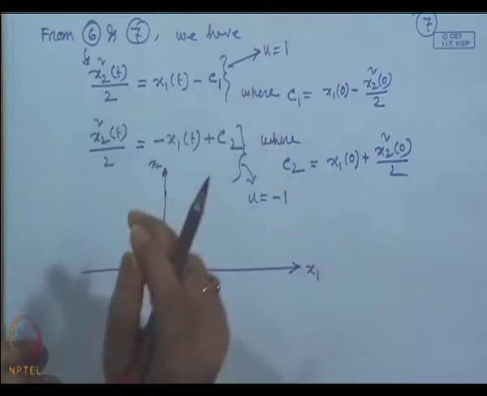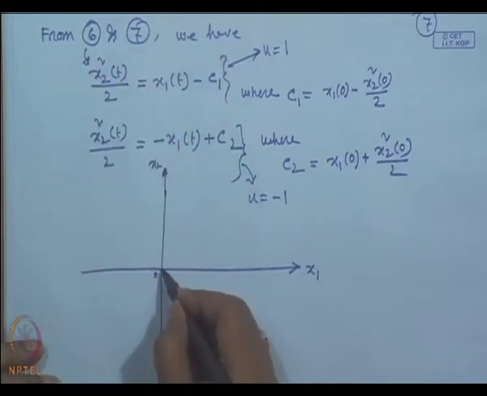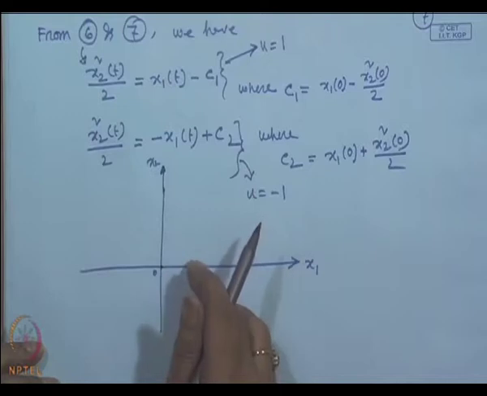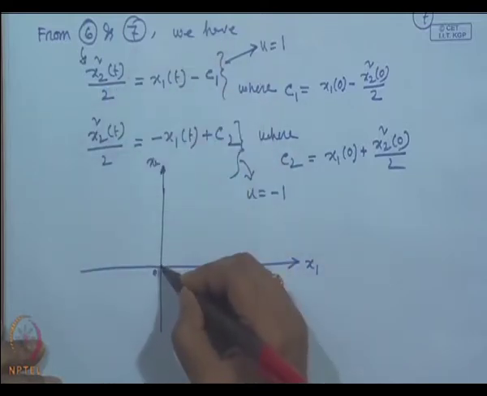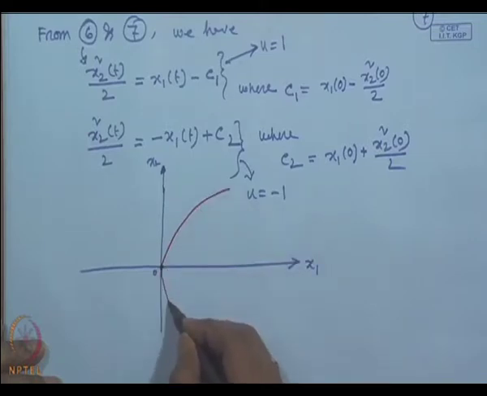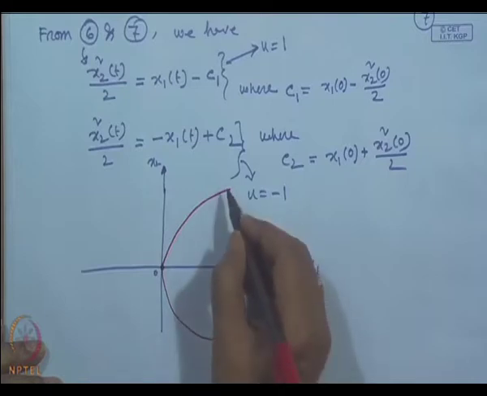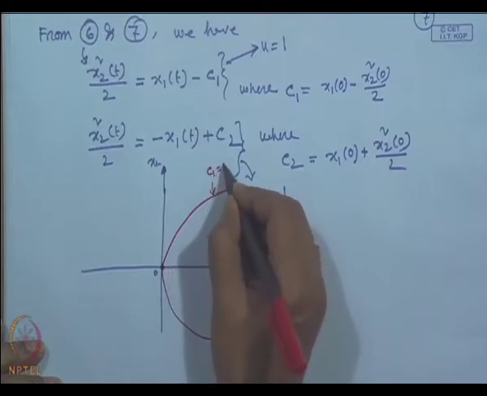This is the equation of a parabola. When x1 is 0, x2 is also 0. When x1 is some positive quantity, then x2 is plus or minus. So, the nature of the curve is like this. Okay, and this corresponds to C1 equal to 0.